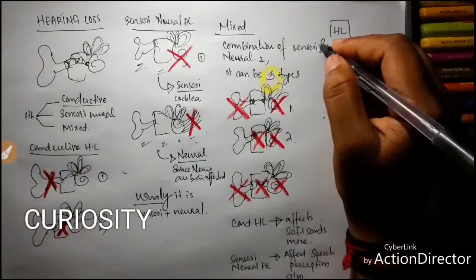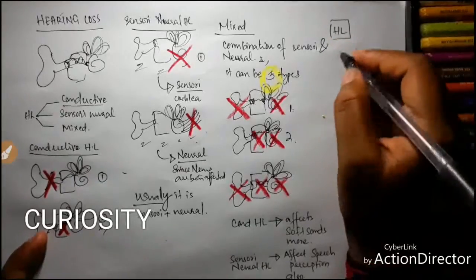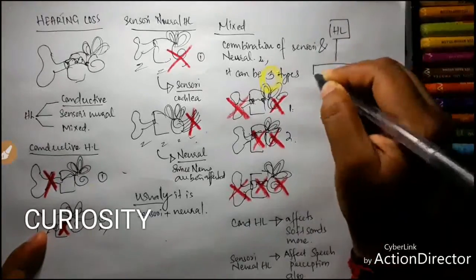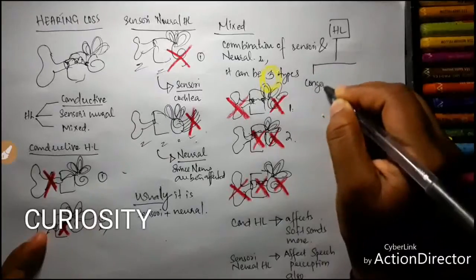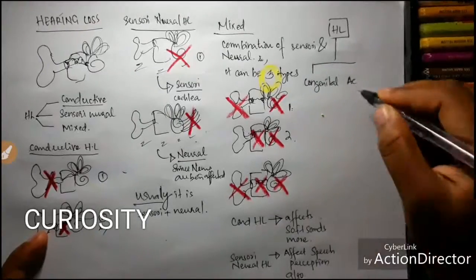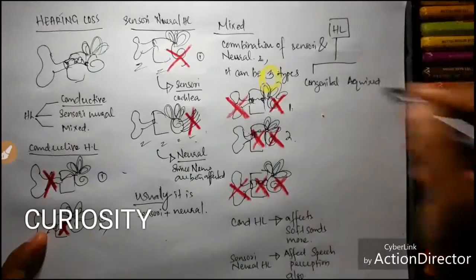Hearing loss can be classified on the basis of congenital versus acquired.